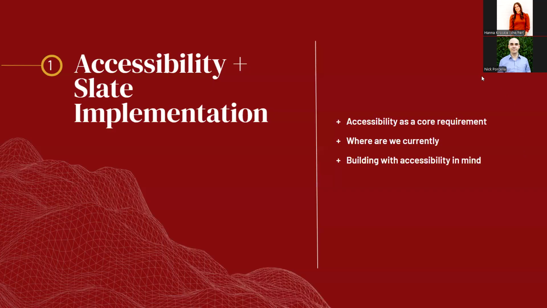When it comes to accessibility and Slate implementations, we'll be discussing accessibility as a core requirement, where we are currently with one of our advancement implementation clients, and then also building with accessibility in mind and what that means for implementation.